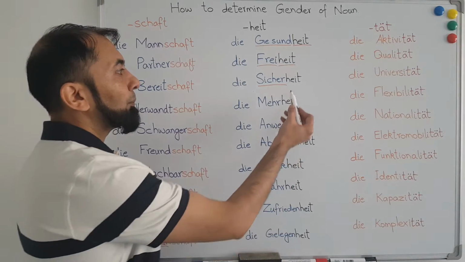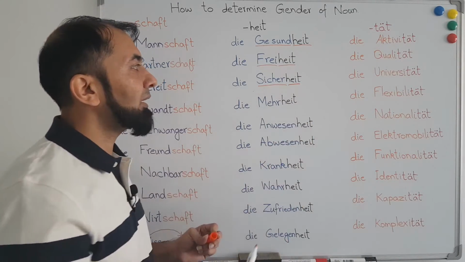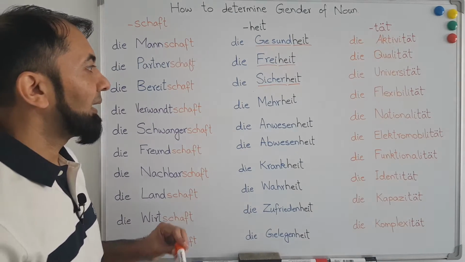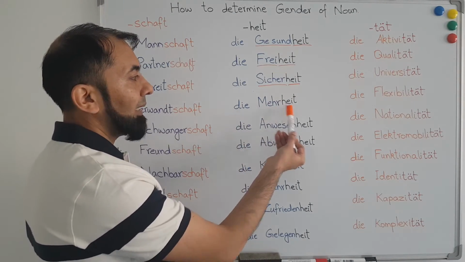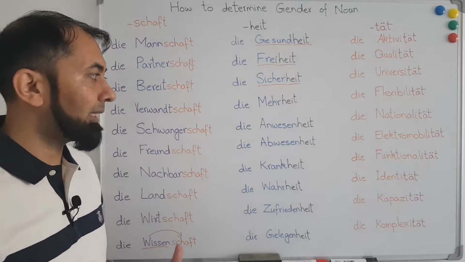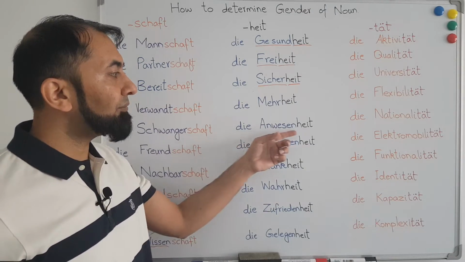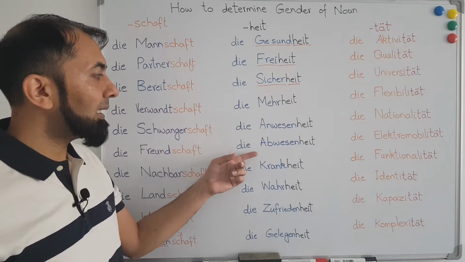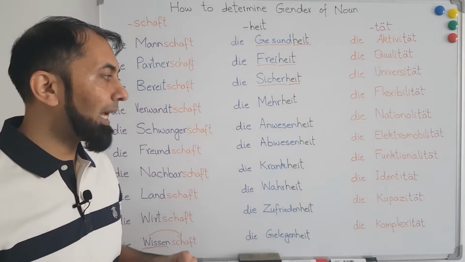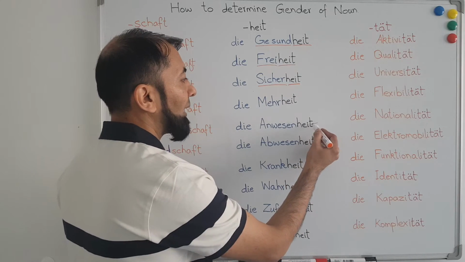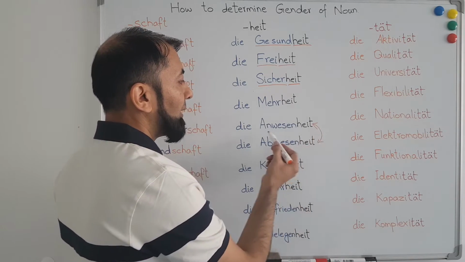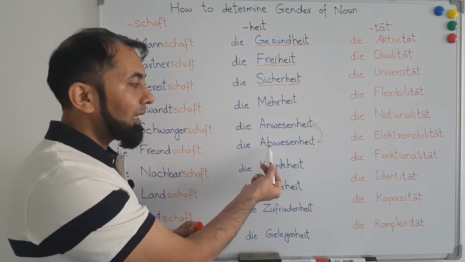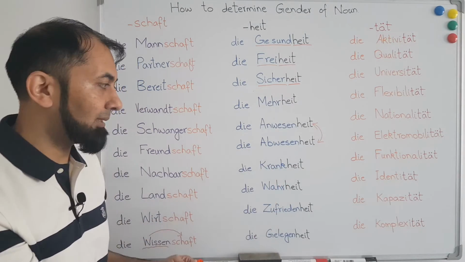And if you put -heit as a suffix, it will become Sicherheit, which means safety. Die Mehrheit, the majority. Die Anwesenheit, the presence. Die Abwesenheit, absence. So these two are opposite of each other. Anwesenheit means presence and Abwesenheit means absence.